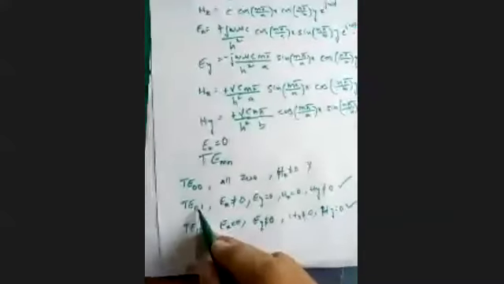What about Hx? Hx is also not equal to 0, and you have Hy equal to 0. So again here also we see that we have two field components, one is Ey and the other one is Hx, in perpendicular directions, not equal to 0. So this mode also exists, right? So now, if one of them is zero and the other is non-zero, that mode exists, right?